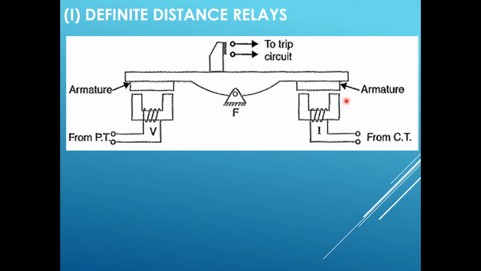Under normal operating condition, the restraining torque is greater than the operating torque. Therefore, the beam is tilted towards the left side electromagnet, so the moving contact is away from the fixed contacts.